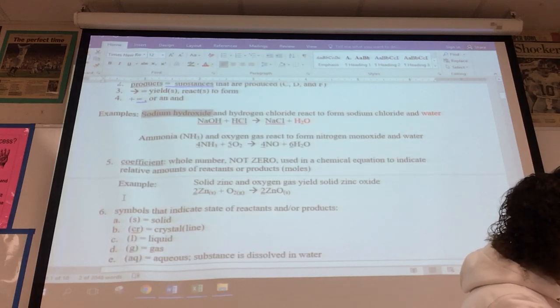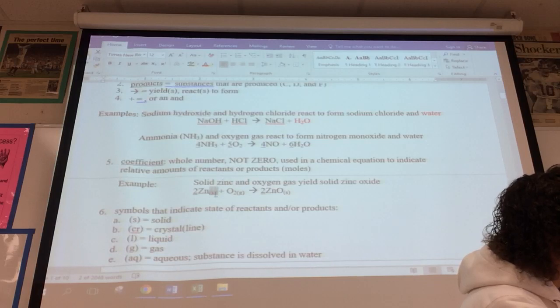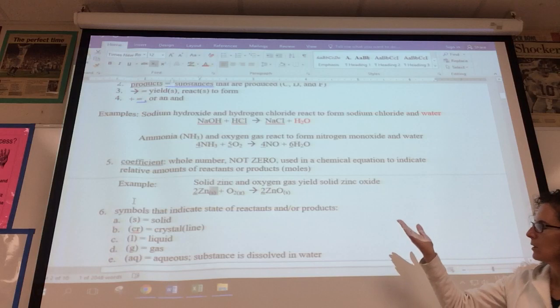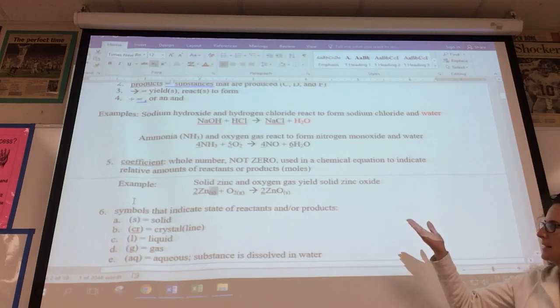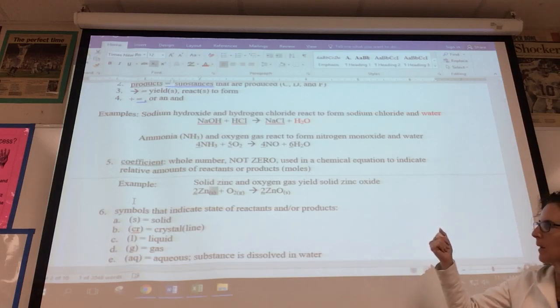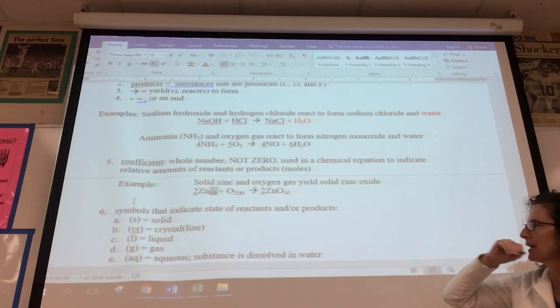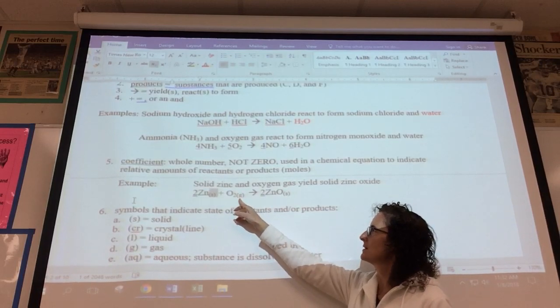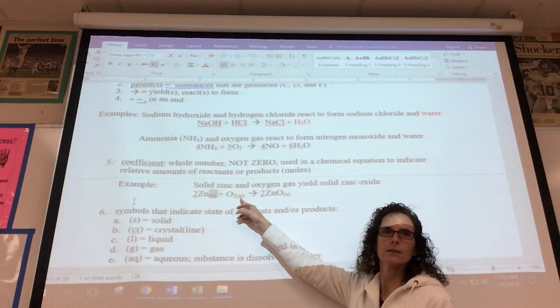The other thing you may see in a balanced chemical equation is the state of matter. So solid zinc. Chemical symbol for zinc is Zn. Solid is represented by the capital S in parentheses. Oxygen gas: G in parentheses indicates that the state of matter is a gas.